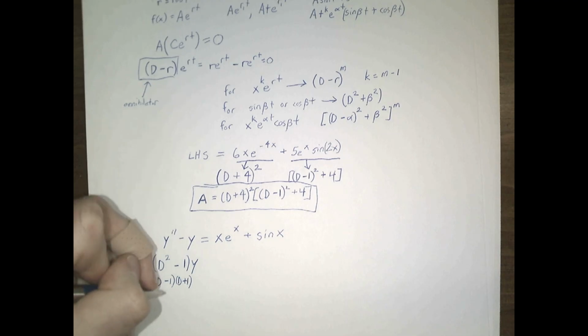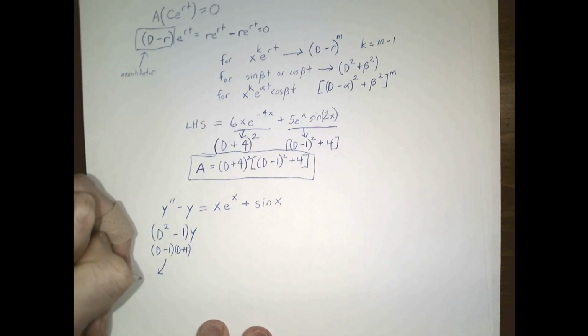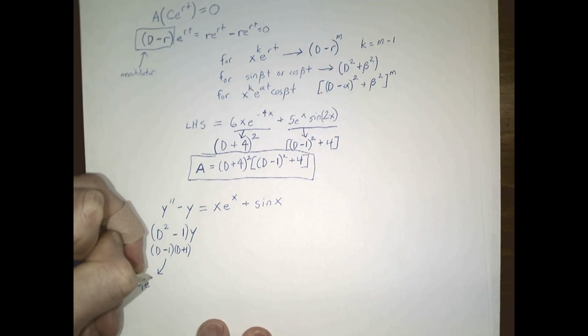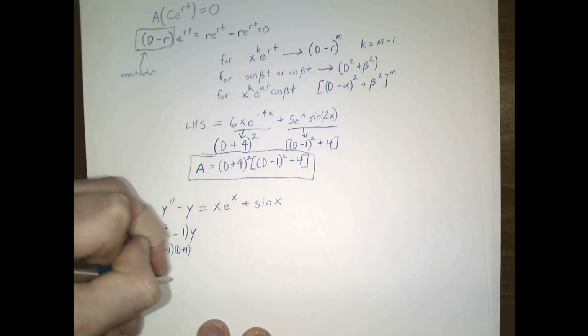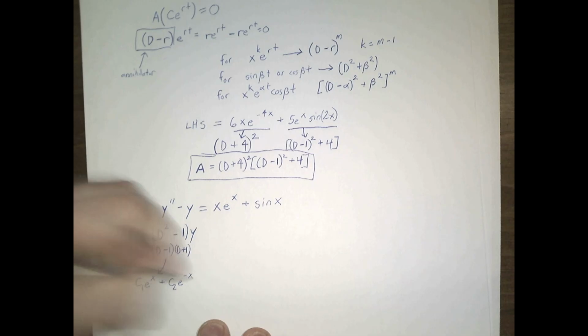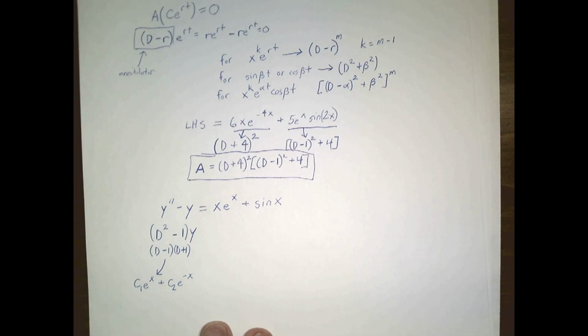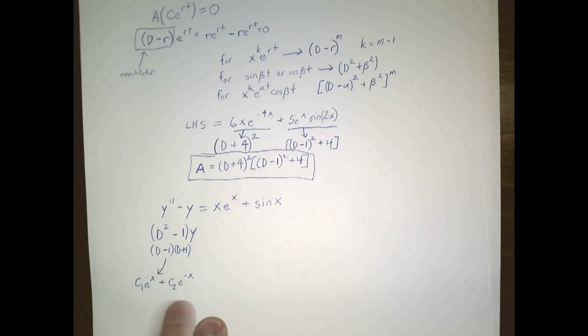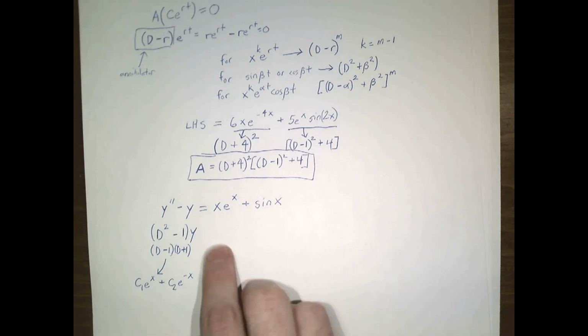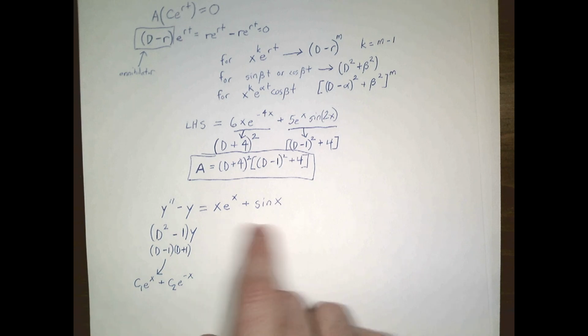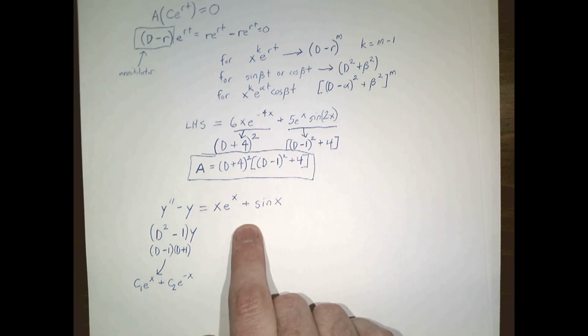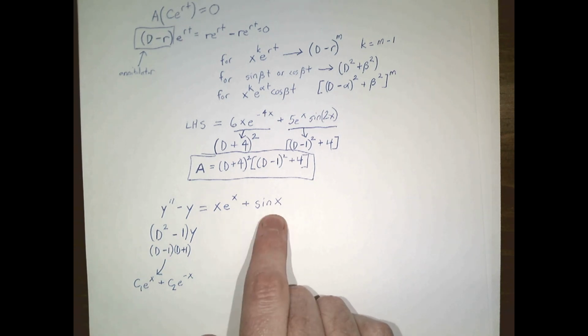We would expect the solution to the homogeneous equation to look something like c1 e to the x plus c2 e to the negative x, just exponentials corresponding to each of those unique roots, 1 and negative 1. Now, we got the homogeneous equation figured out. Now we want to figure out what operator annihilates this entire right-hand side. And we can do it bit by bit.